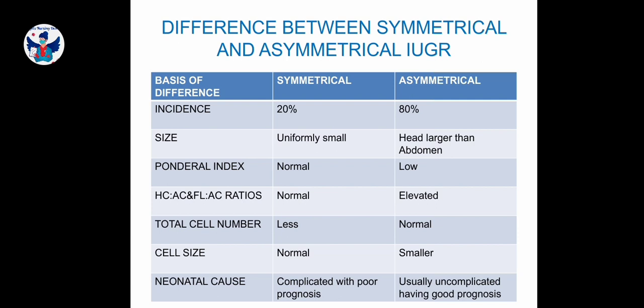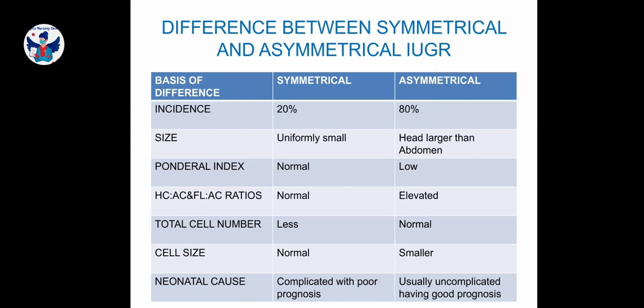And the size: comparing both, symmetrical IUGR is uniformly small, while the asymmetrical type has the head larger compared to the abdomen. Next, Ponderal Index. It's normal in symmetrical and low in asymmetrical.